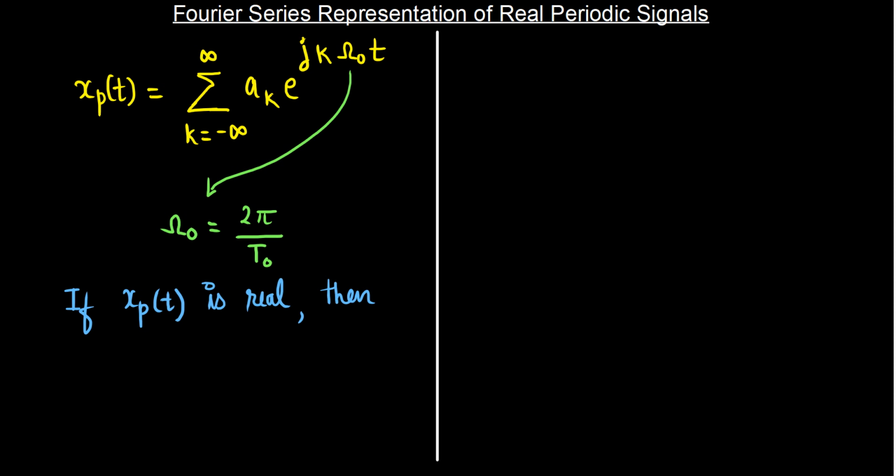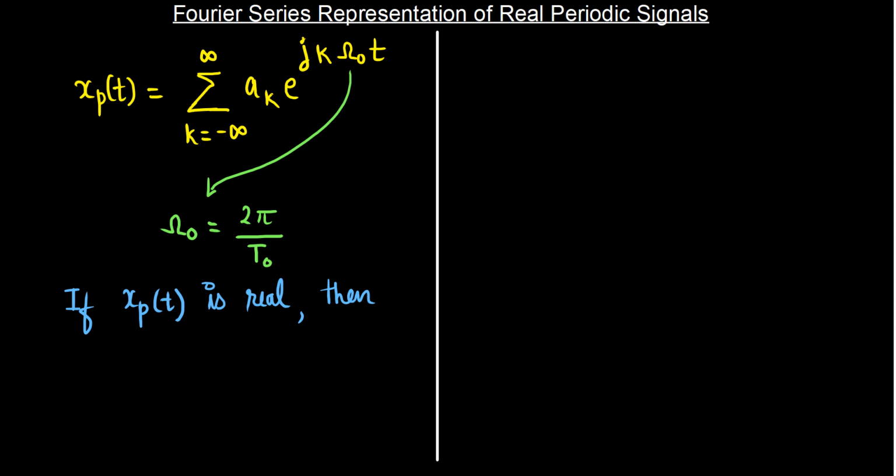you can see that from the expression, in general we can represent any periodic signals. So xp of t can be a complex signal also. But in case xp of t is real, xp of t and its complex conjugate will be equal, just because for any real number, it and its complex conjugate are equal.